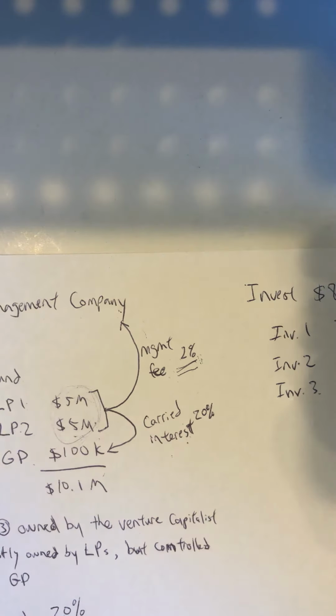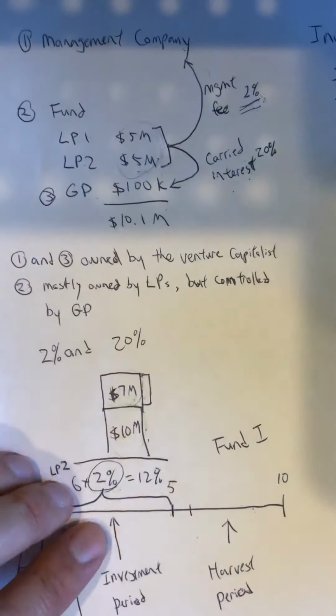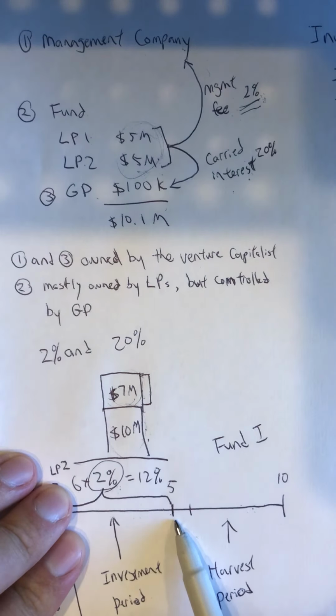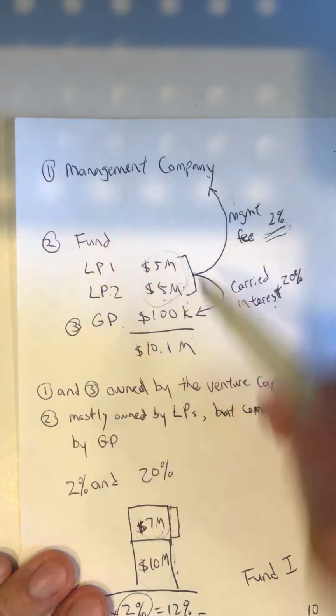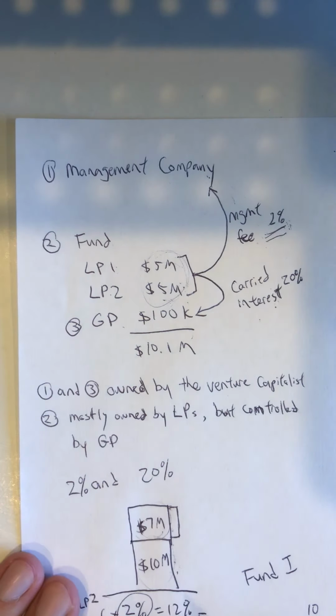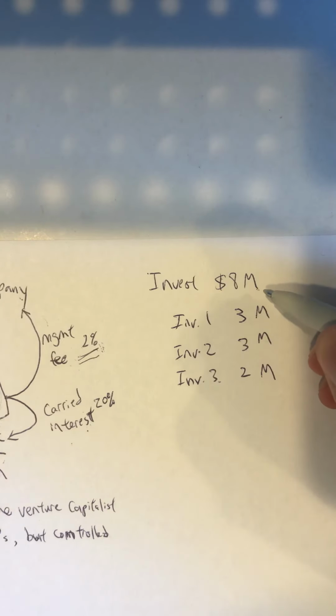So you see how, in the harvest period, if we were to switch from 2% of commitment, which is 2% of 10 million, to 2% of invested capital, that would be 2% of 8 million instead of 2% of 10 million. So that's a step down already.